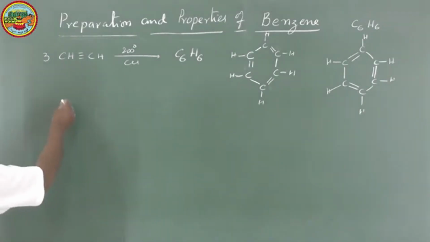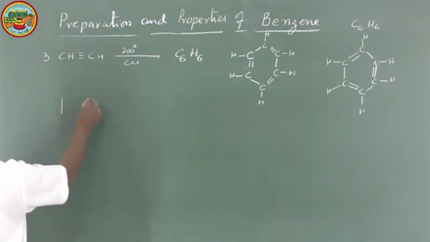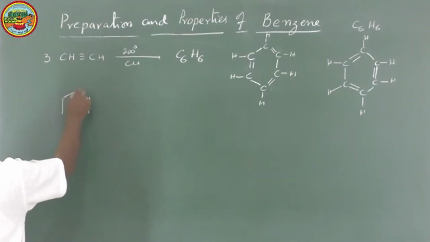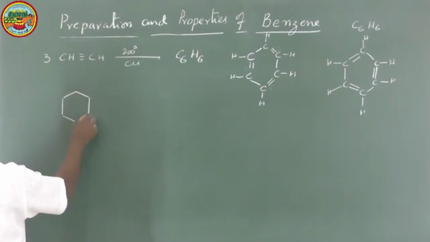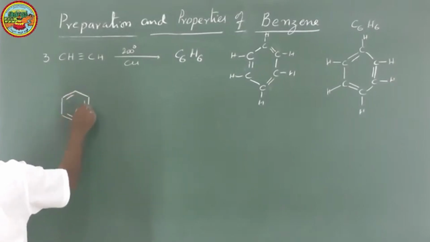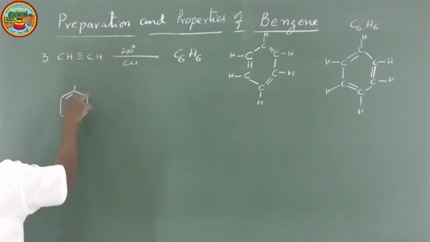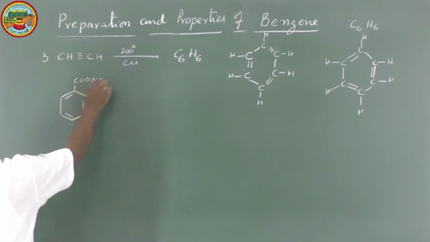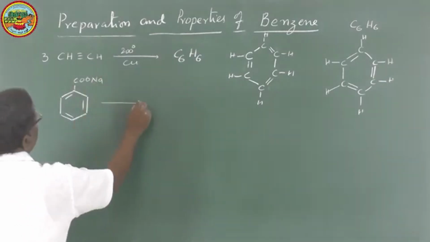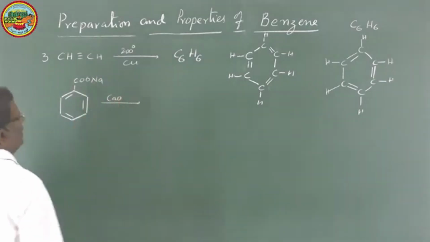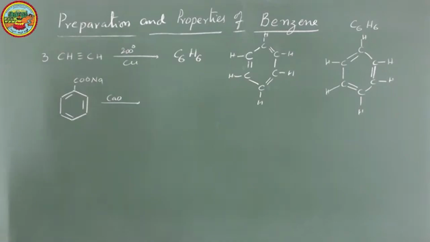Then sodium benzoate, C6H5COONa. If you heat it with soda lime, a mixture of CaO and NaOH, a decarboxylation reaction takes place.